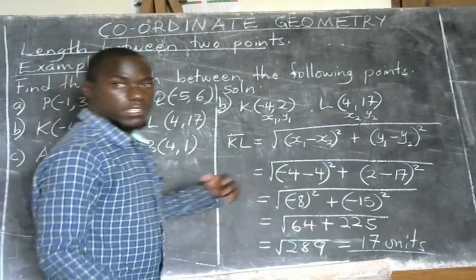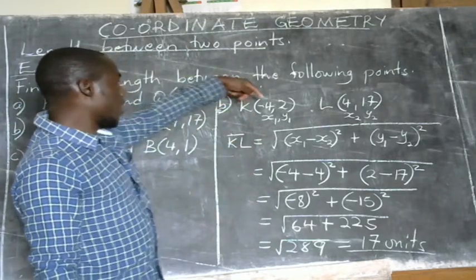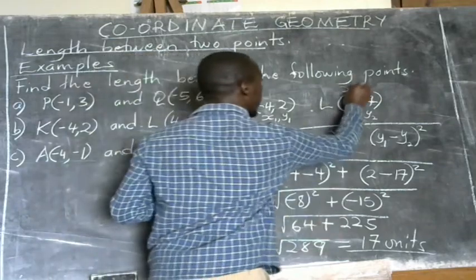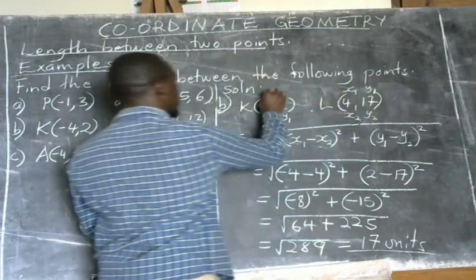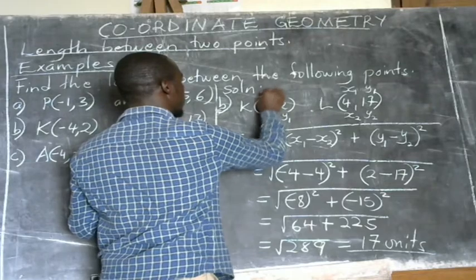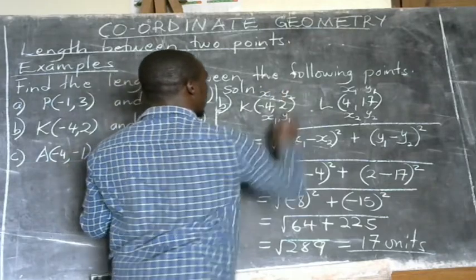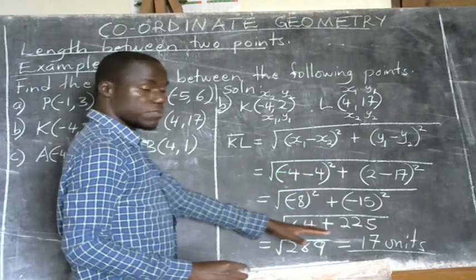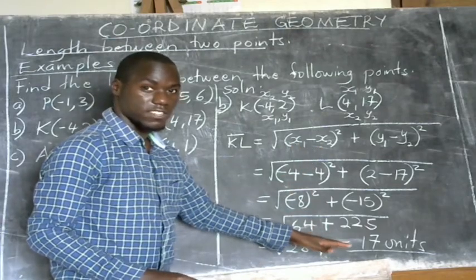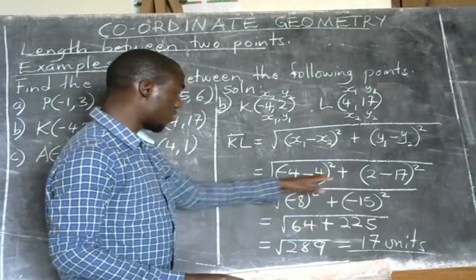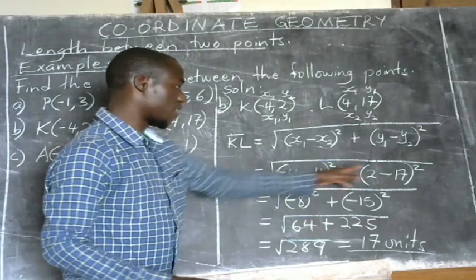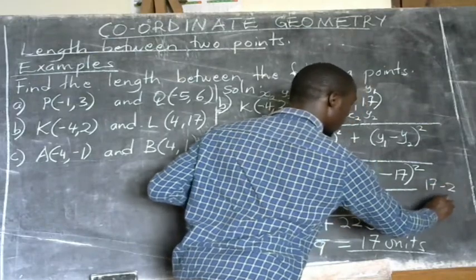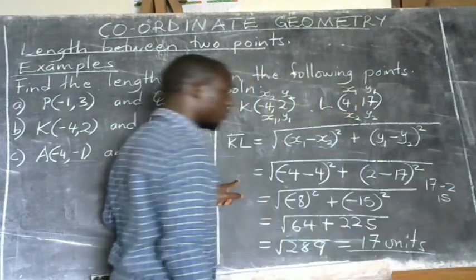Now, there's something I want to comment on here. Even if I interchange, and I call these ones x1, y1, and this one here x2, y2, and I substitute them the way they are, I'm still going to get the same answer. Why? Because when you interchange, for example here, this is going to be 17 minus 2, and you'll get positive 15.